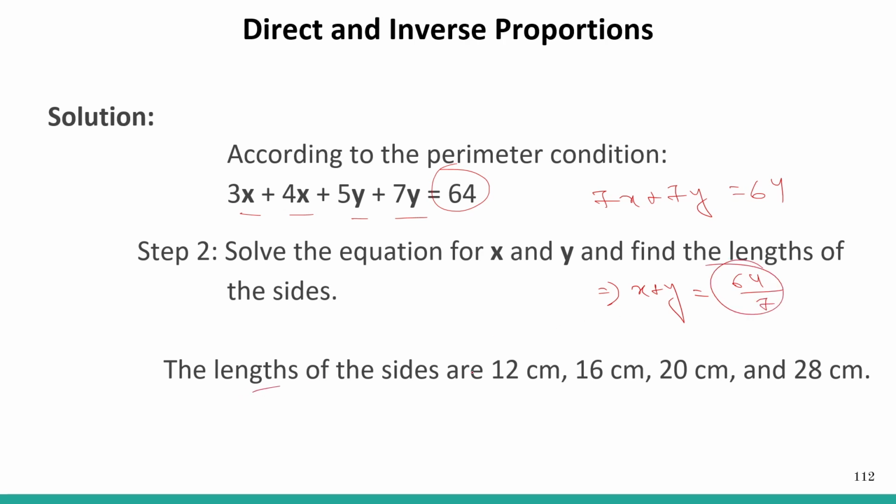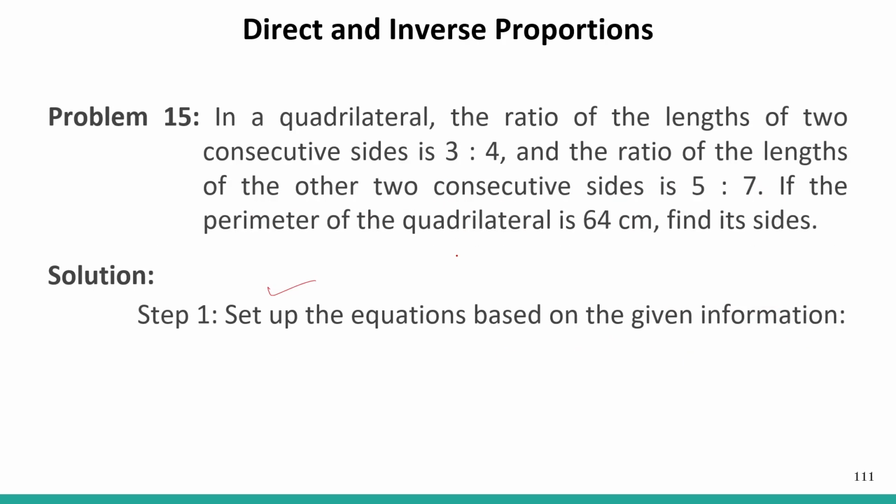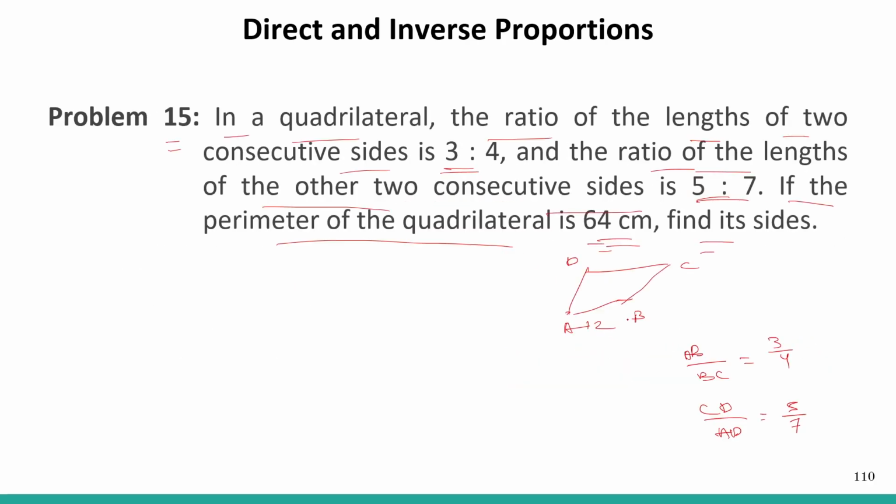So the lengths of the sides are 12, 16, 20 and 28 centimeters. So it will be 12, 16, 20 and 28 centimeters. Okay, so x will be basically 4 and y is equal to 4.